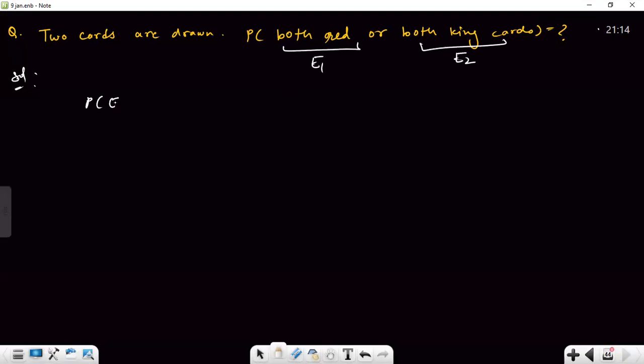Or, so we need to find out the probability of the event occurring in union, or the union of both of the events. Formula we are aware of, excluding the case when both of the events are happening simultaneously.